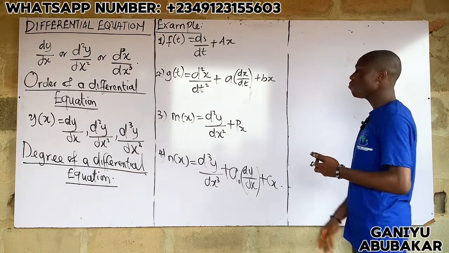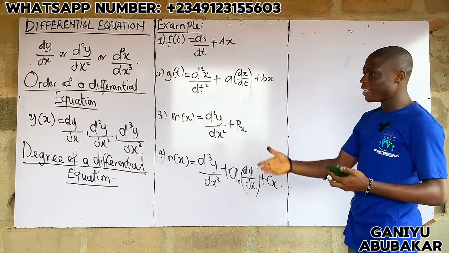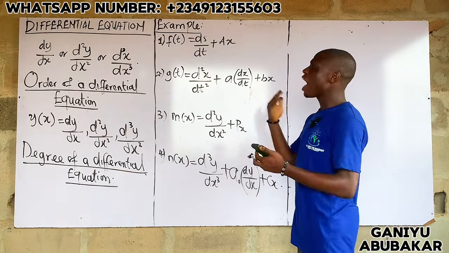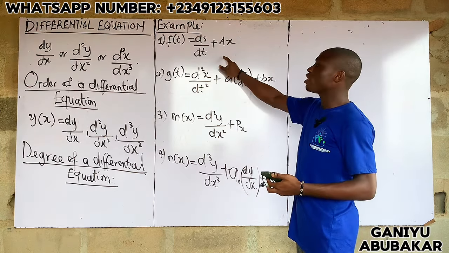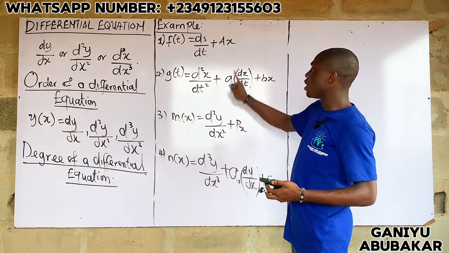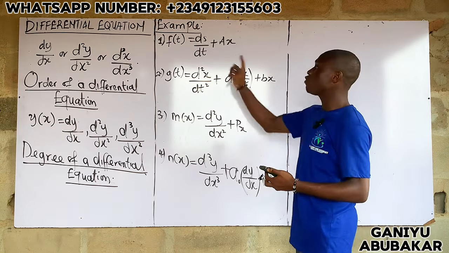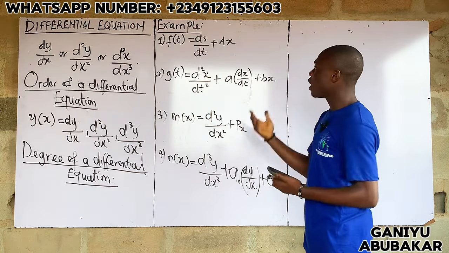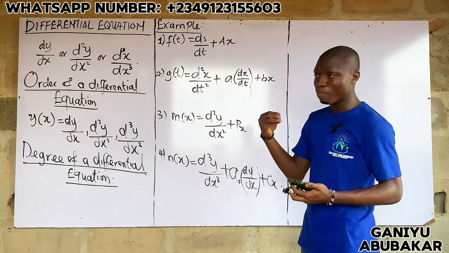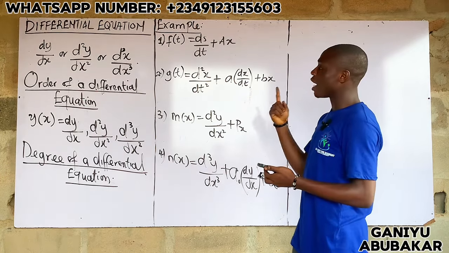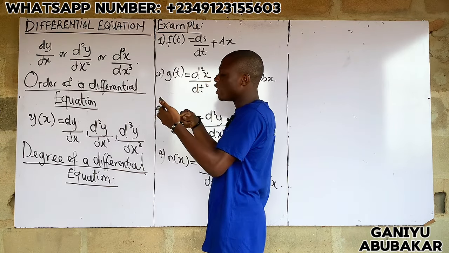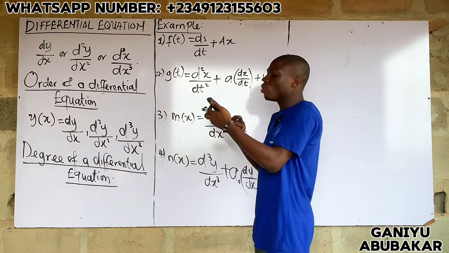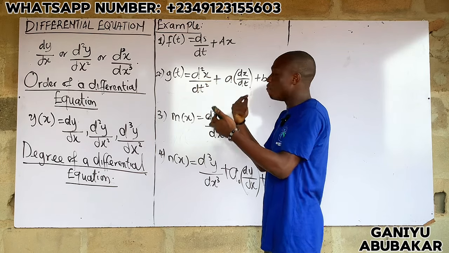Having identified that this is a differential equation, how do you get your order and your degree? We said find the order. What is the order of this one? Let's look at number one, please. Let's get the order of number one and the degree of number one. When we define order, we said the order of a differential equation is that of the highest differential coefficient.